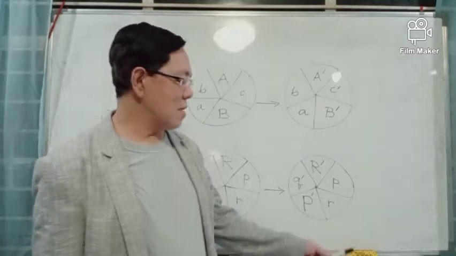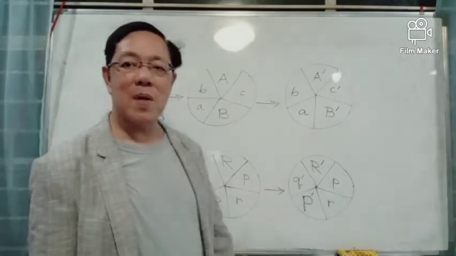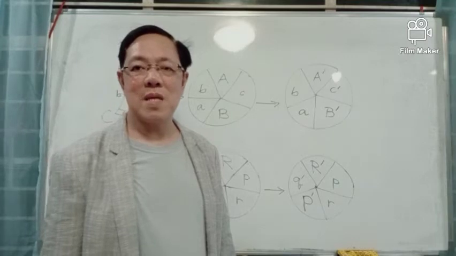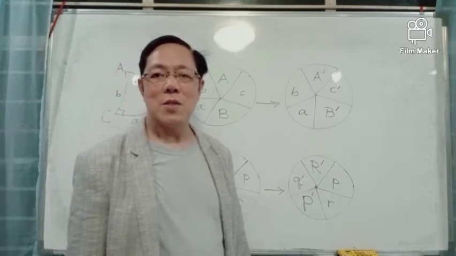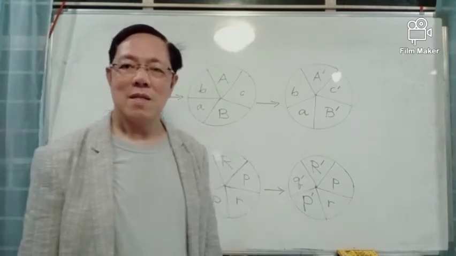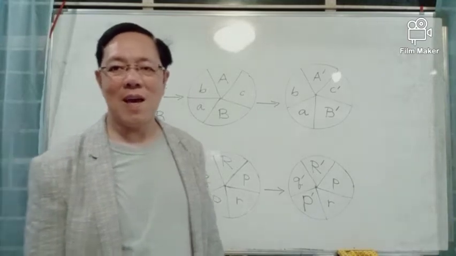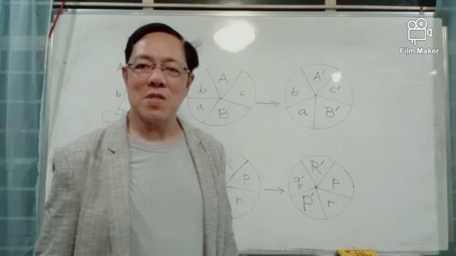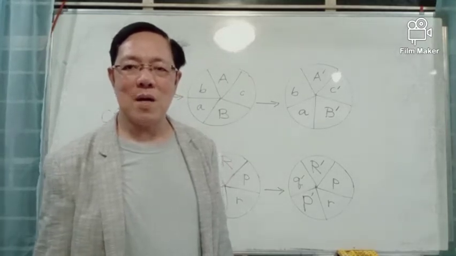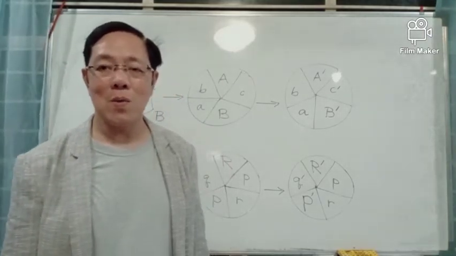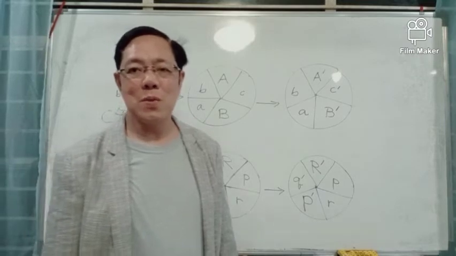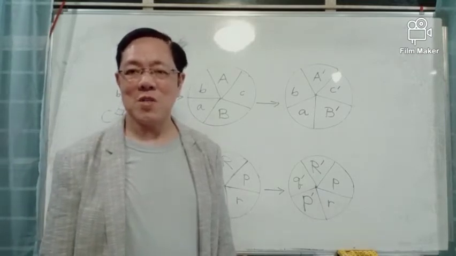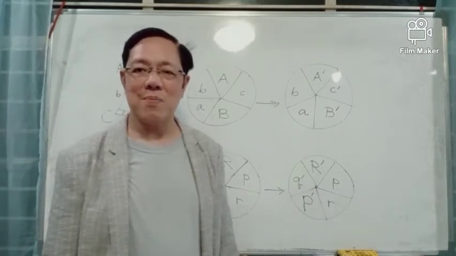But among these 5 parts, one of them will be the middle part, 2 of them will be the opposite parts, and 2 of them will be the adjacent parts. The opposite parts and the adjacent parts are identified only once you decide which part should be the middle part.